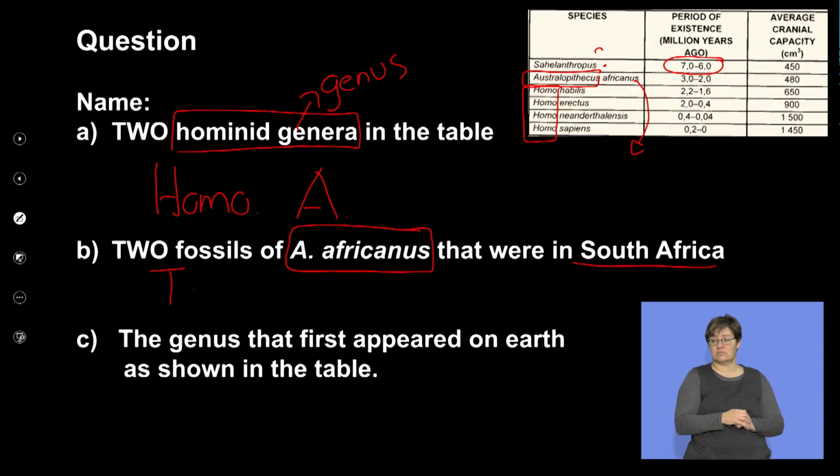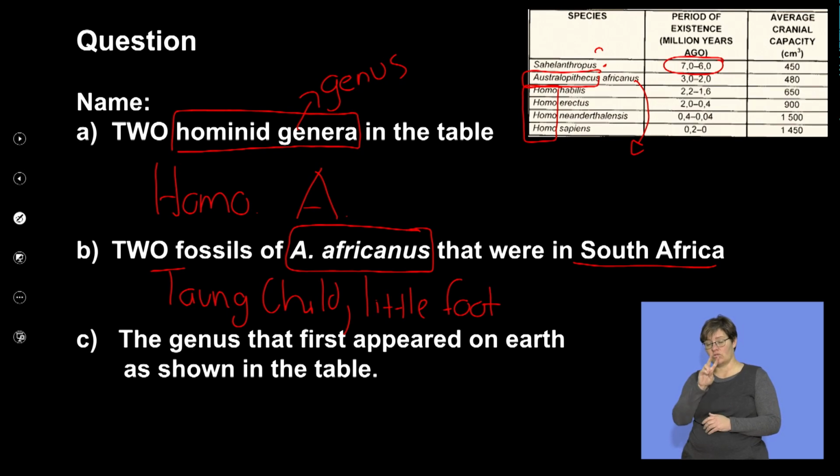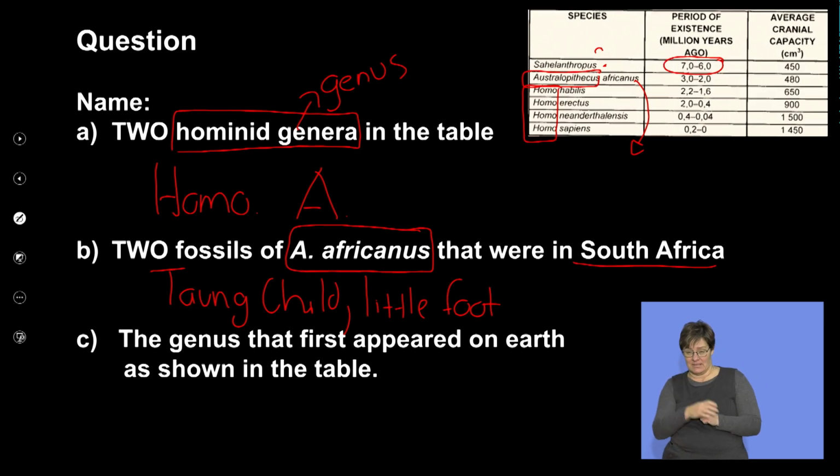They are the Taung child, and Littlefoot. Those are the two that were found here in South Africa. There's also Lucy, but she was unfortunately found up in Ethiopia, so you cannot use her as an example. So this is your study part.